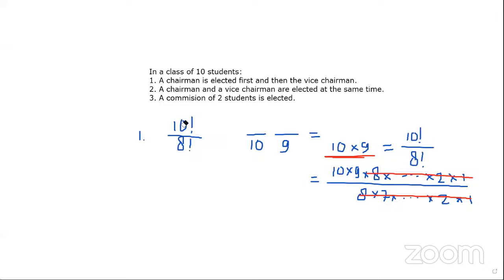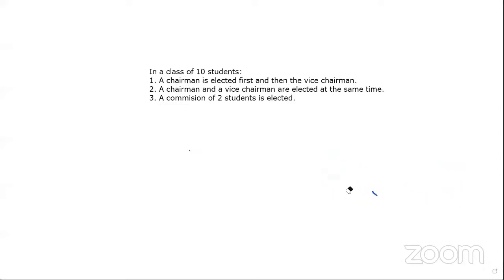Now number 2. There is number 2, a combination: 10 factorial divided by 2 factorial times 8 factorial.